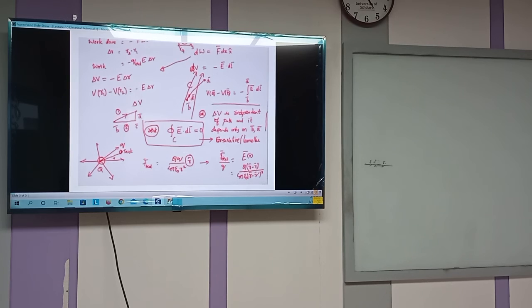Because if I place a test charge over here, there is my test charge, we can calculate the electric field of the point charge.